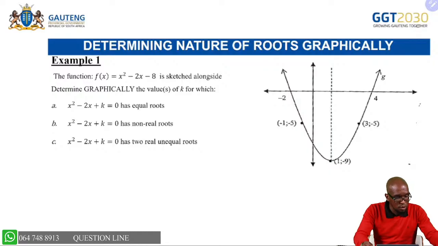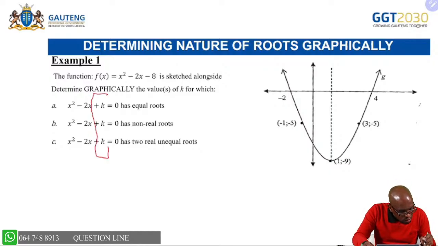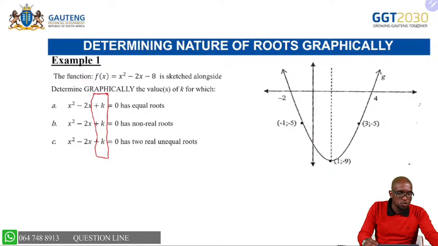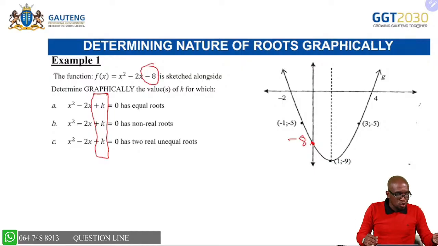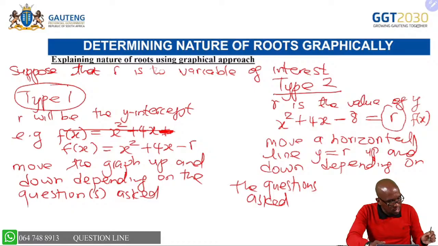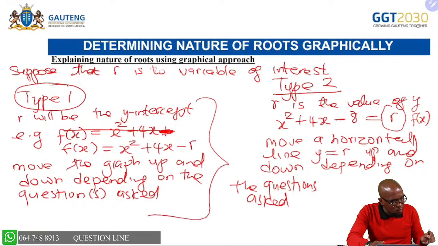In the first example, if you check now where k is, you see that k is where y is supposed to be, the y-intercept. And the y-intercept of this graph is minus 8. I can just put it in the graph, minus 8. So you can see here that k is actually the y-intercept. So I said here, if it's the y-intercept, then what should we do?